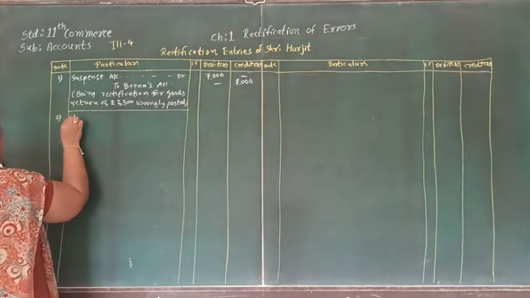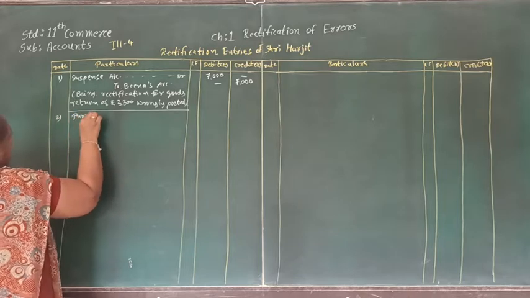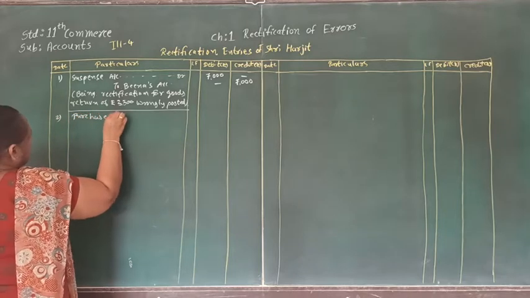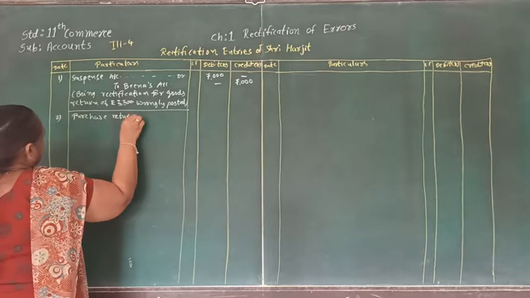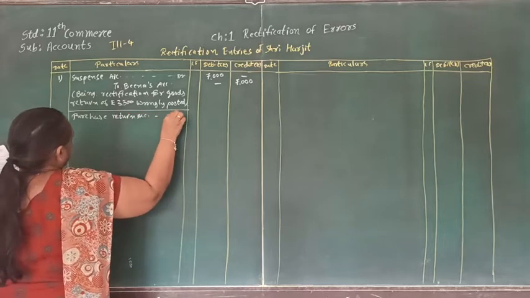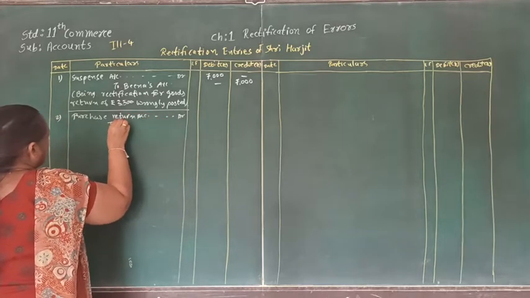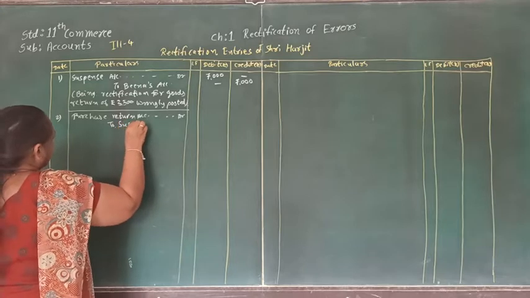Second journal entry will be purchase return account debit to suspense account.